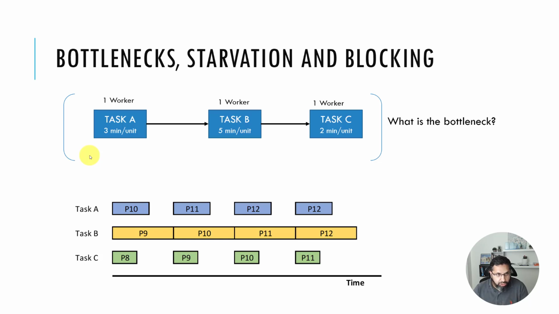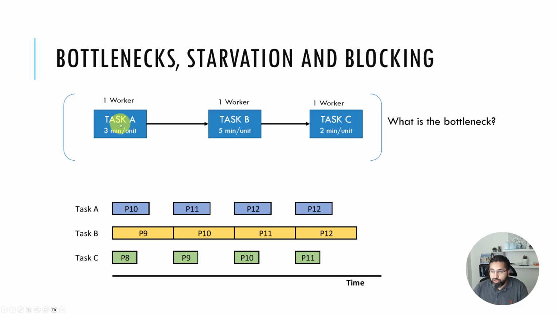If its capacity is low, it's going to produce or give out fewer units per unit time. So when we look at these times, 3 minutes per unit, 5 minutes per unit, 2 minutes per unit, these are called cycle times. Cycle time is the time it takes to process one unit.